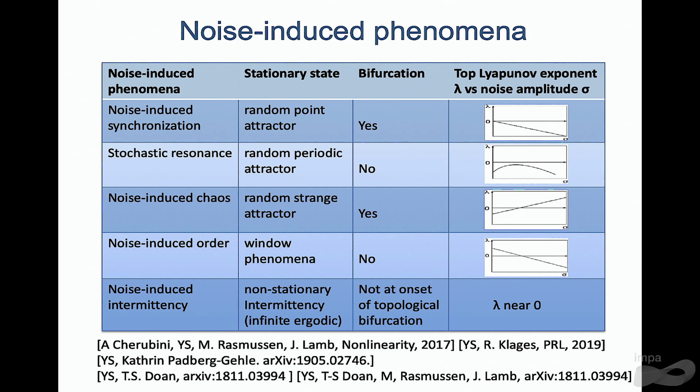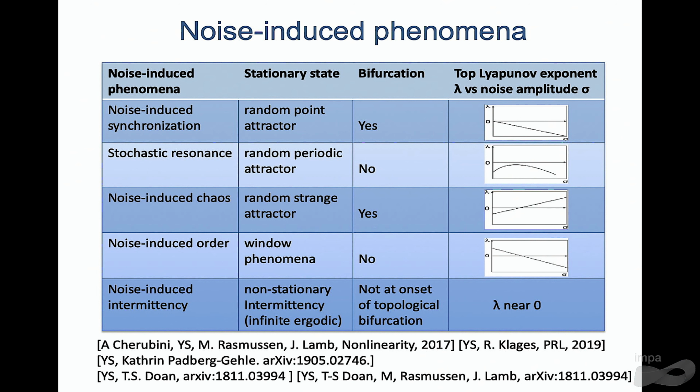So synchronization is a random point attractor. Stochastic resonance is a random periodic attractor. Noise-induced chaos is a random strange attractor. And noise-induced order is actually a window phenomenon in random dynamical systems, in my interpretation. In this phenomenon, we have chaotic dynamics, we add small noise, the chaos disappears, and we observe order.